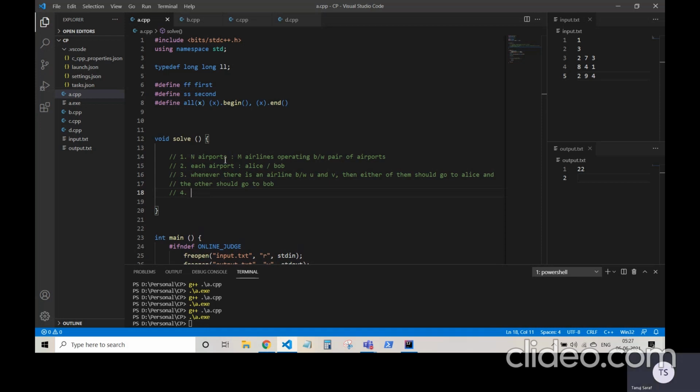So essentially what this problem boils down to is that in the end, we want to have a bipartite graph, right? Why is it bipartite? Because every edge between U and V is such that U belongs to Alice and V belongs to Bob, we can say this without loss of generality.